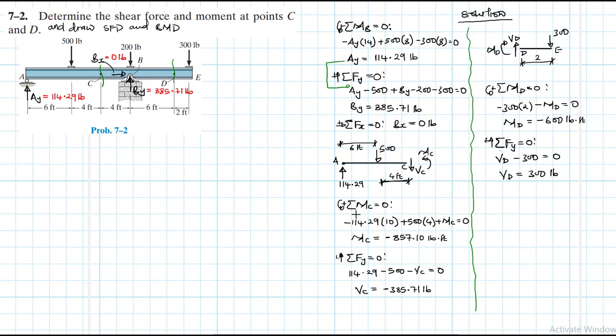So we have found MC, which I'm just outlining in red, is negative. That just means the sign is in the opposite direction at that section. And our shear is also negative.